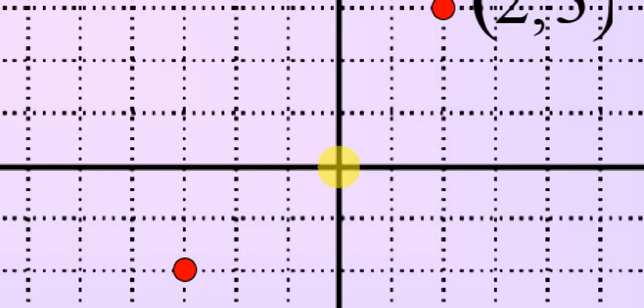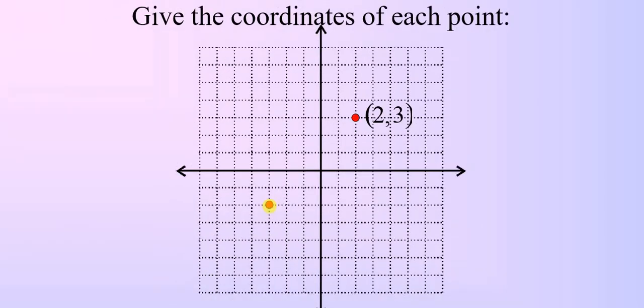We have 0, 1, 2, 3. So this is negative 3 because we went to the left. And then we go down 1, 2. So we went 3 left and 2 down. Therefore, this would be negative 3, negative 2.